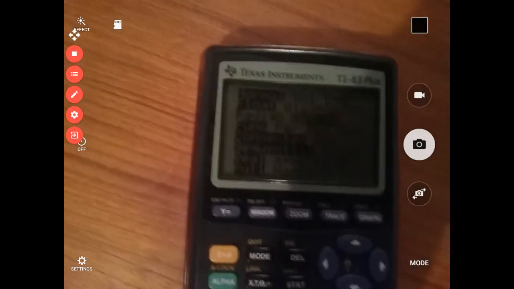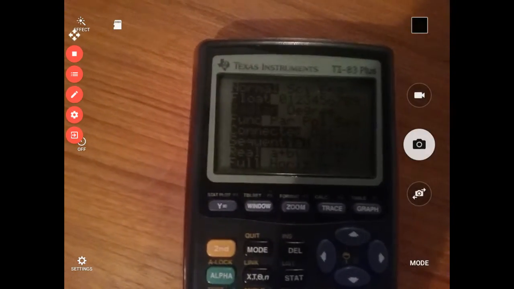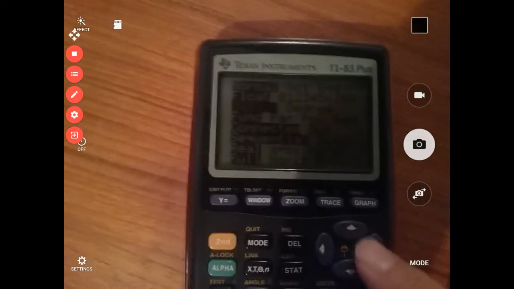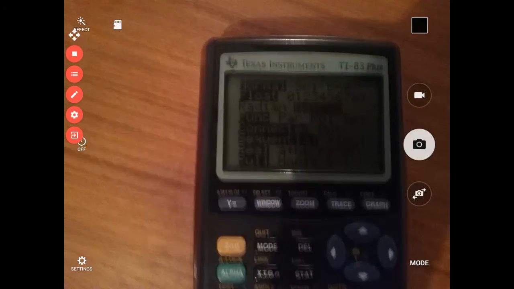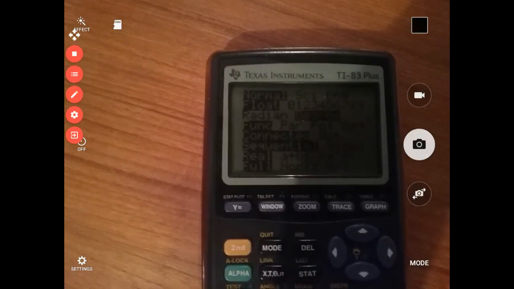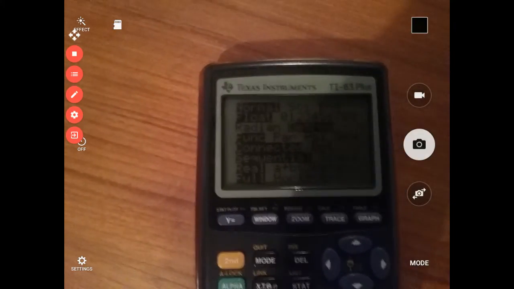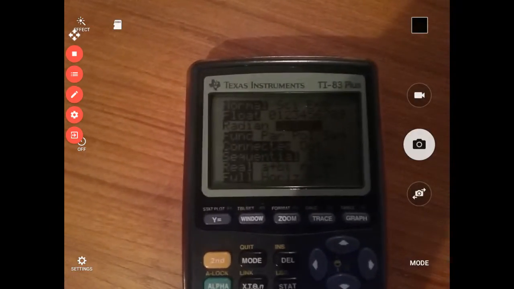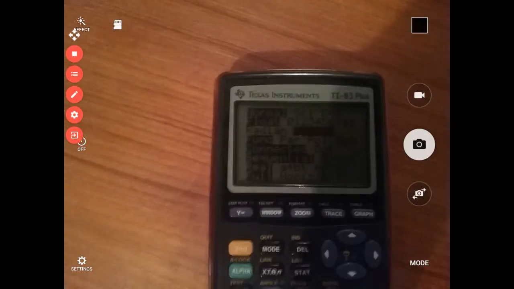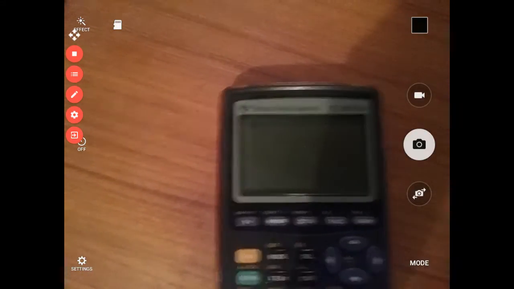If I want it to be on radian mode, I would hit enter here. See how the choices turn black? I want to be in degree mode, so I hit enter on that one. Now my calculator will tell me the right stuff. This is an extremely important step because if you don't do it, your calculator will give you wrong answers for everything. Then you go second quit to get out of there, and now we're good to go.